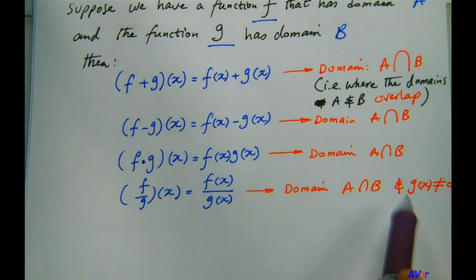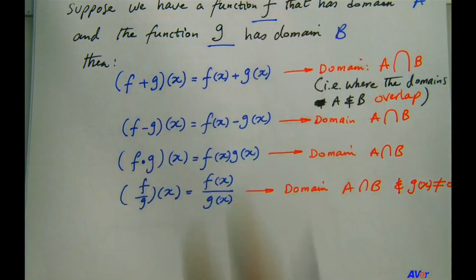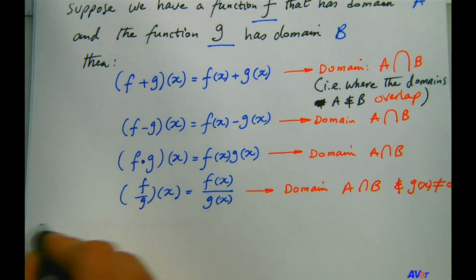That's the added condition: the denominator cannot be 0. We know that, right? The denominator of a fraction cannot be equal to 0. So that's the basic gist of how we find the domain of combined functions.